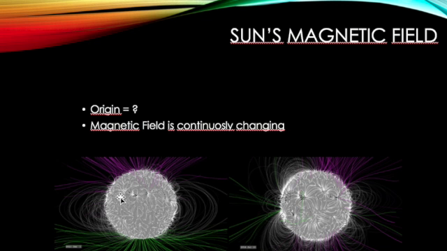Here we can see that the magnetic field is like in the poles, but over here it is more chaotic. And this is the perfect scenario to cause solar flares and solar storms.